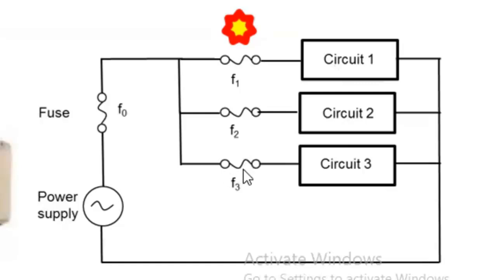This shows us clearly that fuse 1, fuse 2, and fuse 3 are feeding circuit 1, circuit 2, and circuit 3. Then we have a fuse that is feeding the entire circuit.